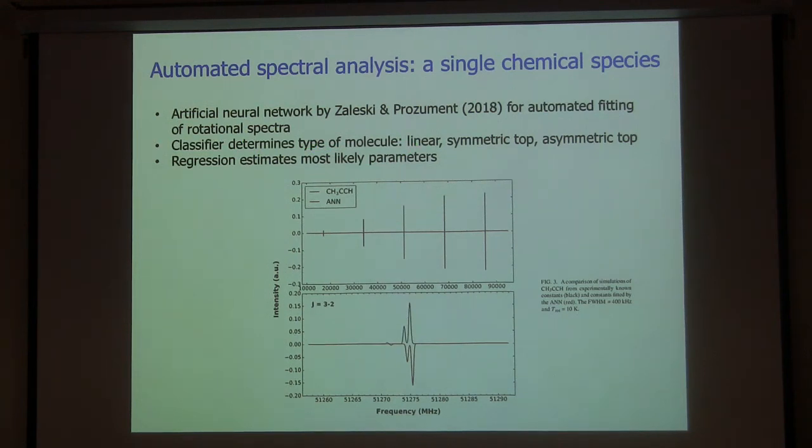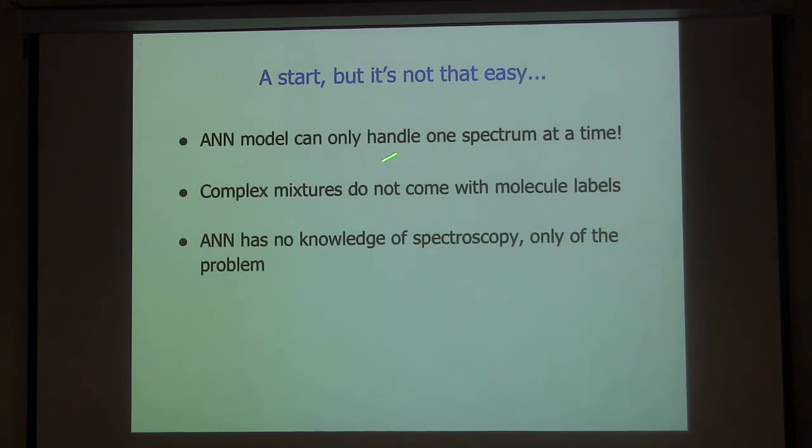So this was, I think, an important step forward, but there are, of course, a number of constraints. First of all, it only could handle one spectrum at a time. You had to have a single spectrum, a single molecule. You couldn't have any interfering features. And of course, we're interested in these complex mixtures where we have tens of thousands. And keep in mind that these artificial neural networks don't understand the underlying physics, right? They are only aware of the problem, so they don't conserve things like energy as a general rule.